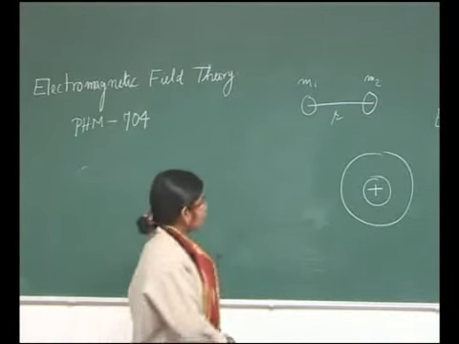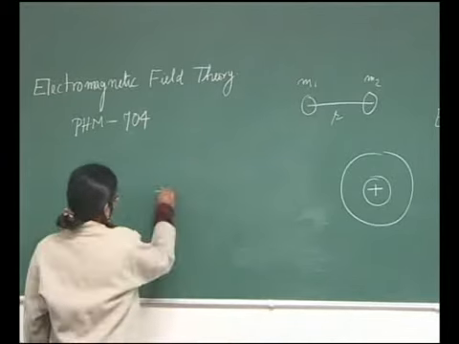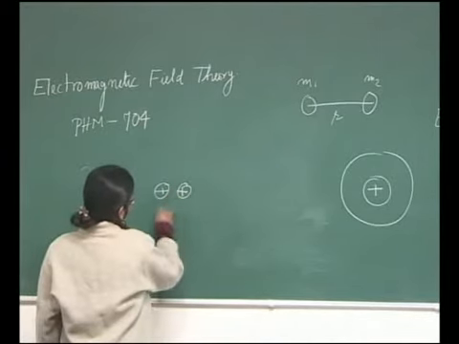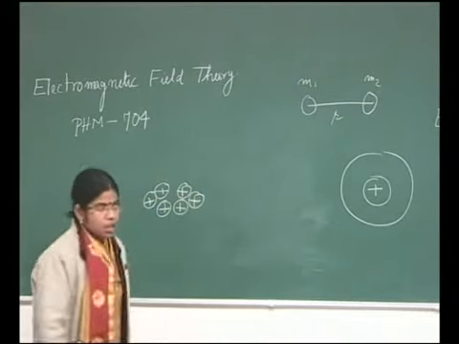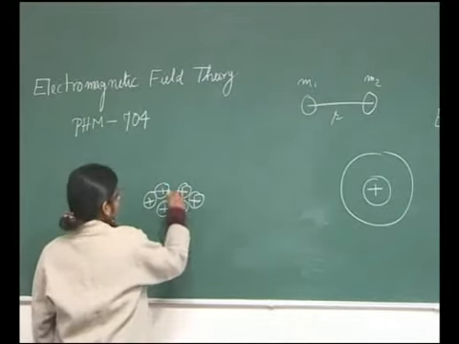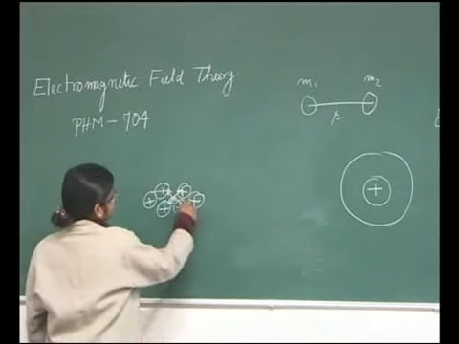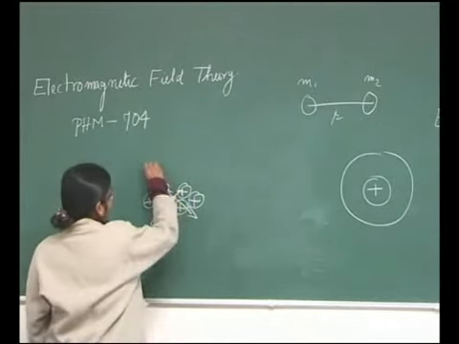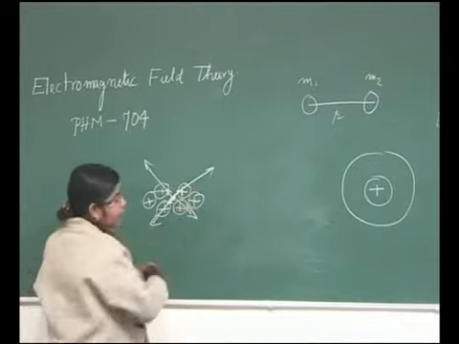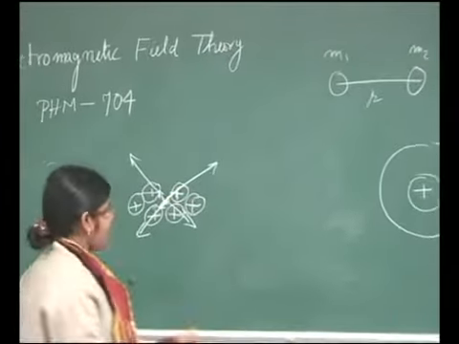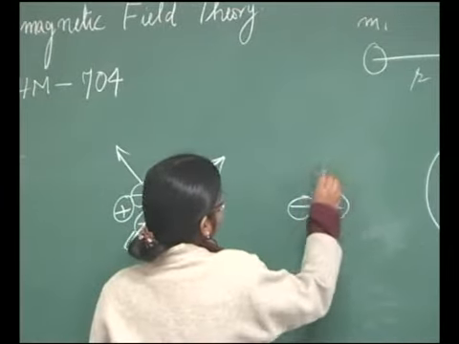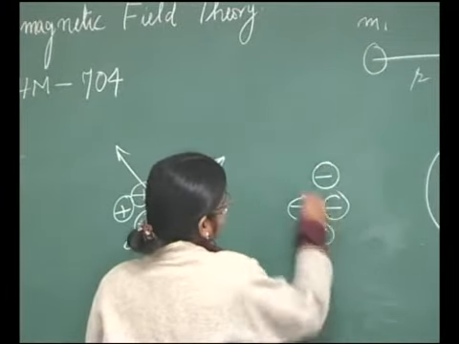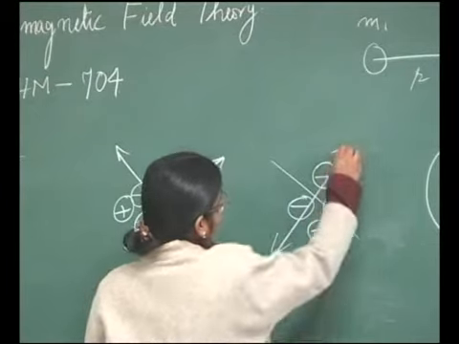But the question is, if I have a bunch of positive charges, they will repel each other and fly apart. On the other hand, if I have a bunch of negative charges, these charges will also fly apart.